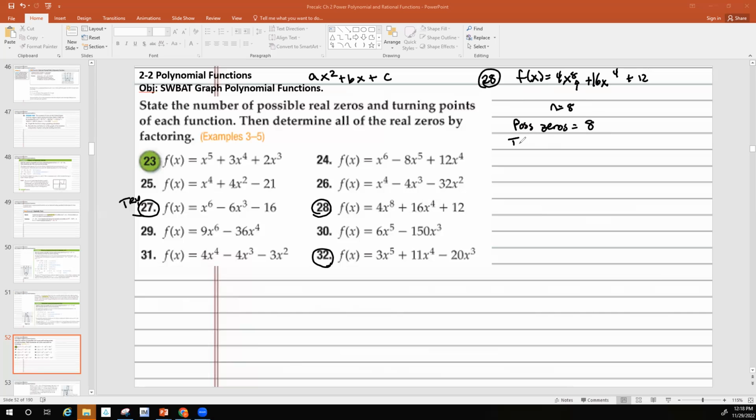And possible turning points, 8 minus 1, which is 7. All right. And then we want to factor it now to find the zeros.